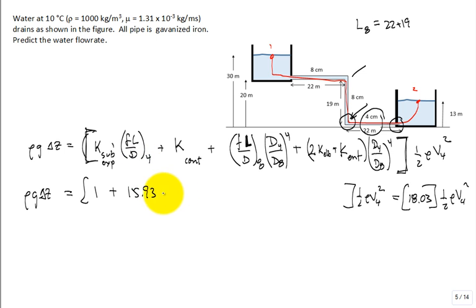All right. And then we have 0.4 for the contraction. For the straight run on the large diameter pipe, it's 0.62, and then the two elbows and the entrance is 0.07.